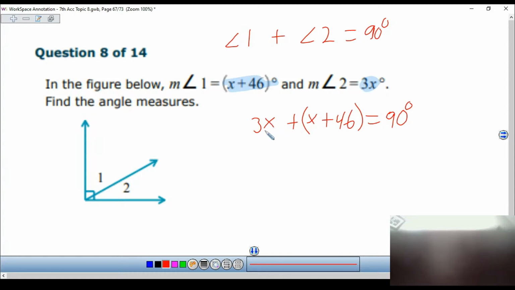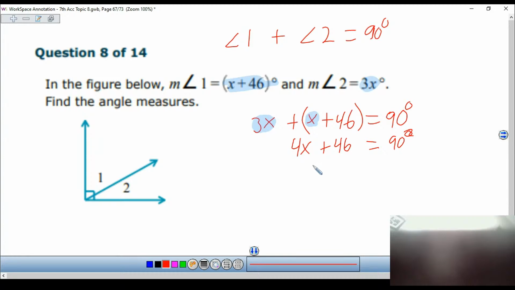So we're combining like terms. So we're going to find the terms that look alike and add them together. So we got 3x here, 1x here. That makes 4x total, right? Then we have 46 that there's nothing else to add with it, and that equals up to our 90 degrees.